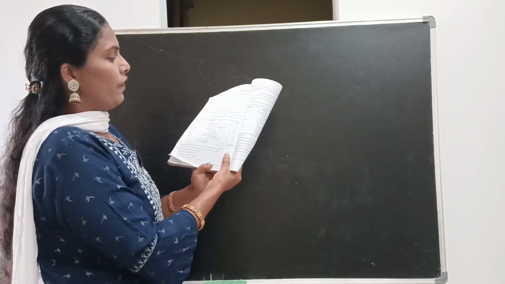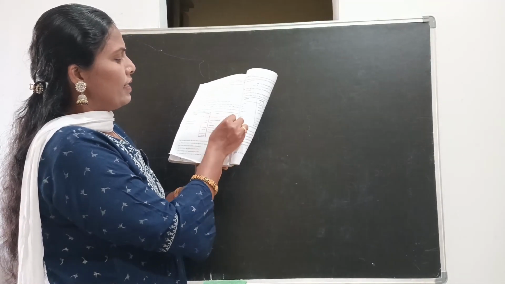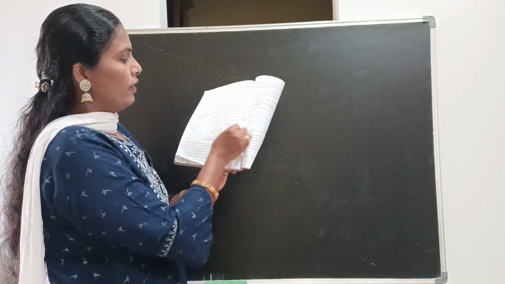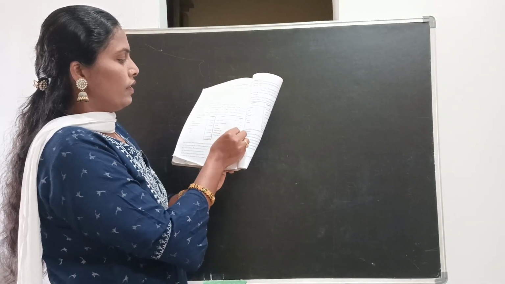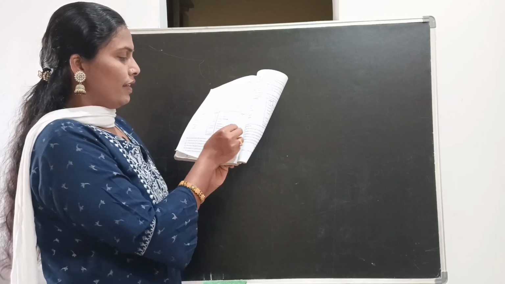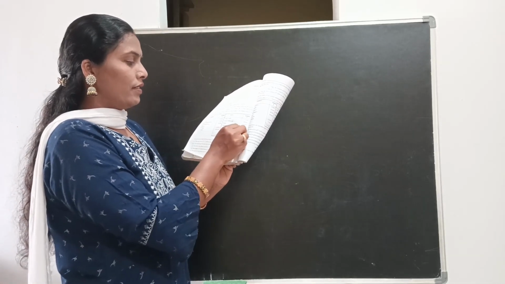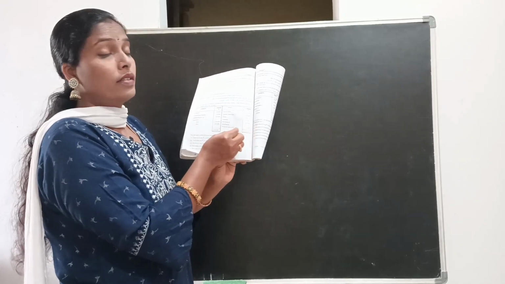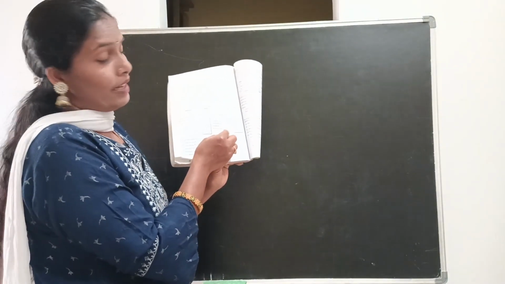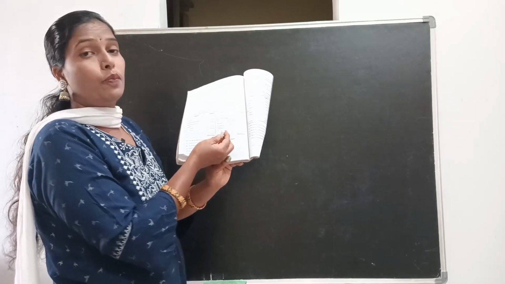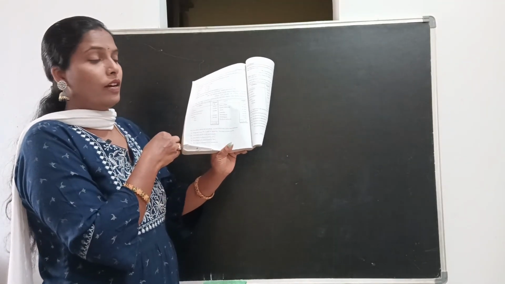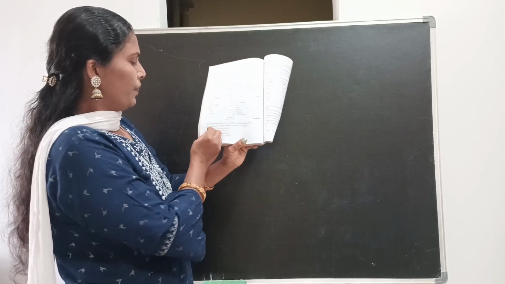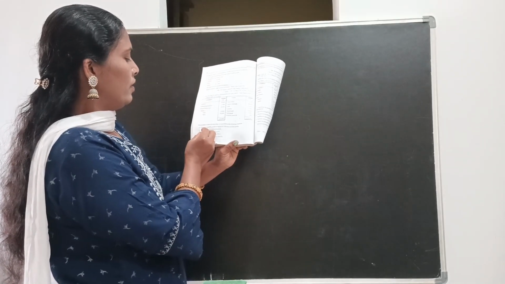Cash at bank is 15,000, sundry debtors 40,000, stock 80,000, furniture 10,000, machinery 50,000, buildings 70,000, profit and loss 5,000. Profit and loss is given on the asset side, which we need to post on the debit side of the capital accounts. This is the loss.